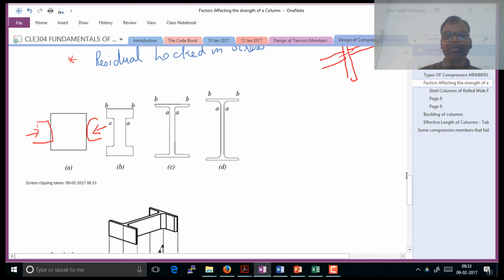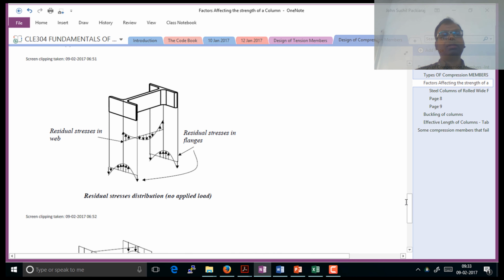Now what happens is when you roll, the flanges which are outside tend to cool off much quicker when compared to the center. This causes a differential strain that results in a bending pattern like this.